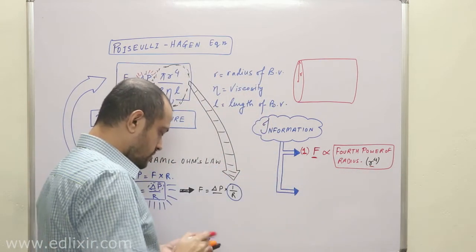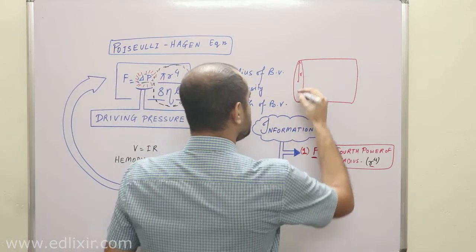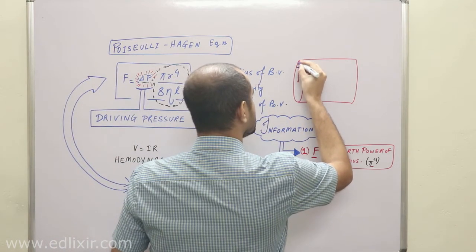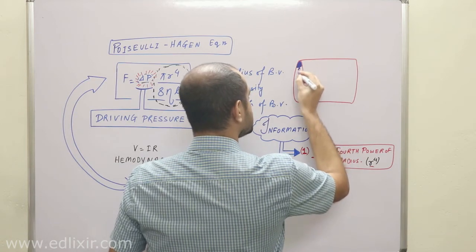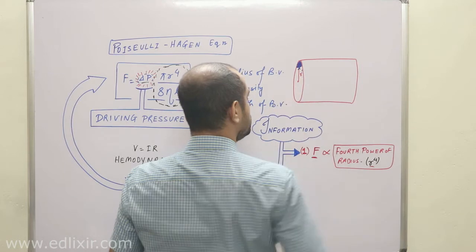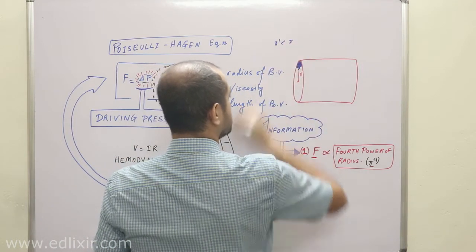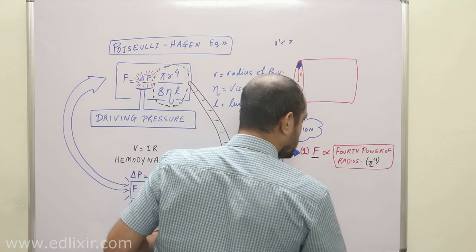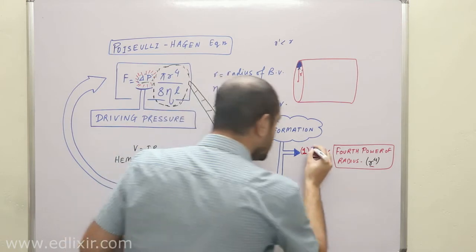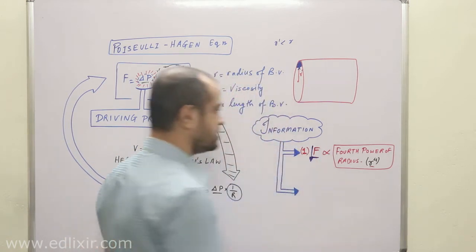Now it is very important to understand that suppose due to lipid deposition, the radius has been shortened, and the new radius is r prime, and r prime is less than r. That means the blood flow will now significantly decrease.